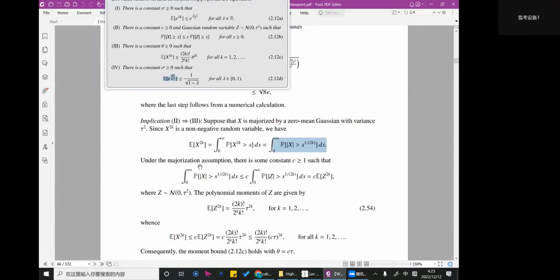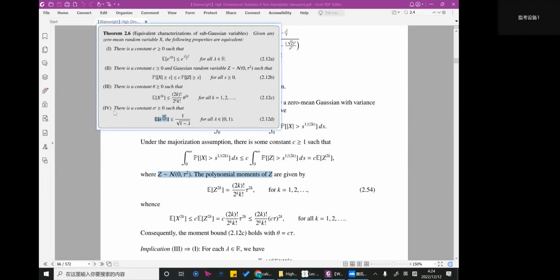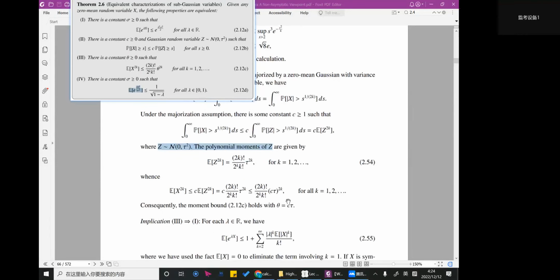Under the assumption that form 2 is satisfied, we can get this inequality. Since we know the polynomial moments of z, the zero mean Gaussian random variable, finally we get the result that form 3 is also satisfied. This is intuitive.